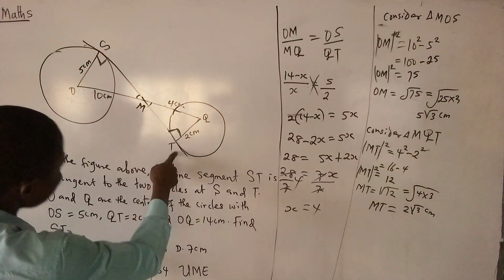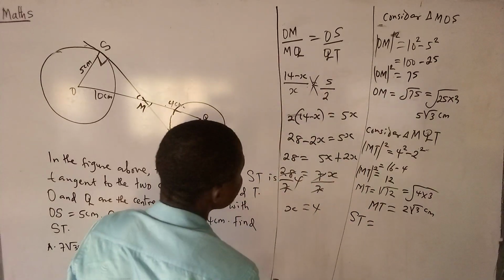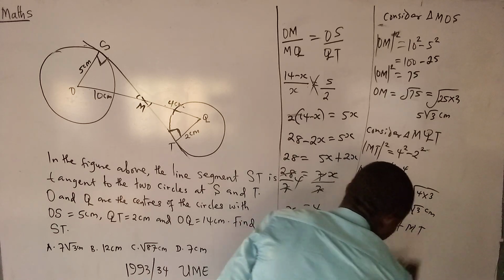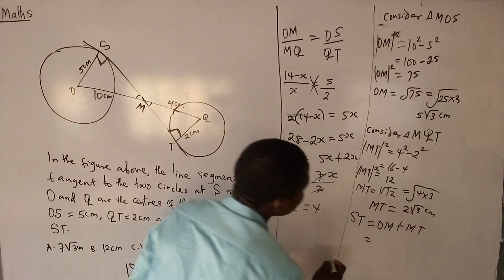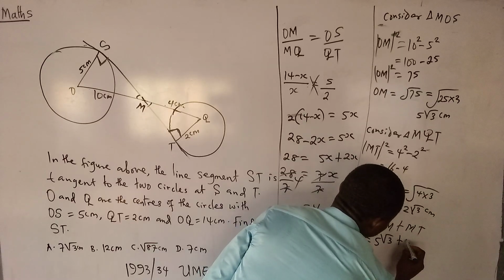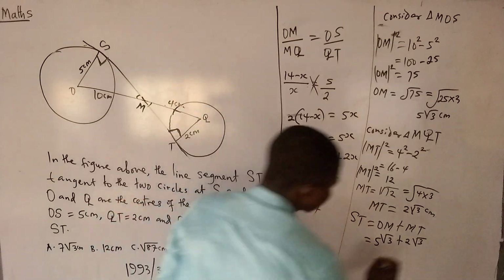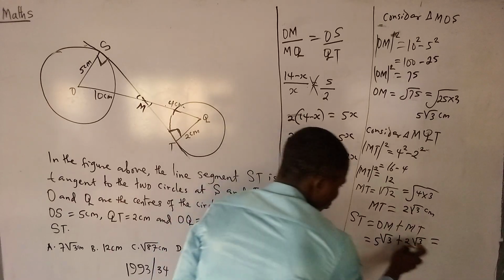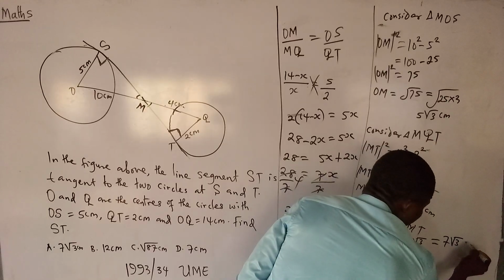Now you know that ST is equal to MS plus MT. Adding the two, we have 5 root 3 plus 2 root 3. Adding the coefficients, 5 plus 2 is 7, and we keep the root 3.